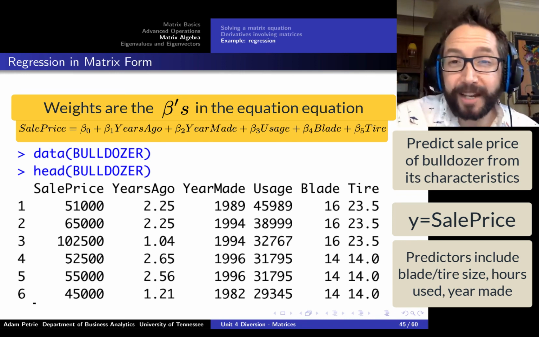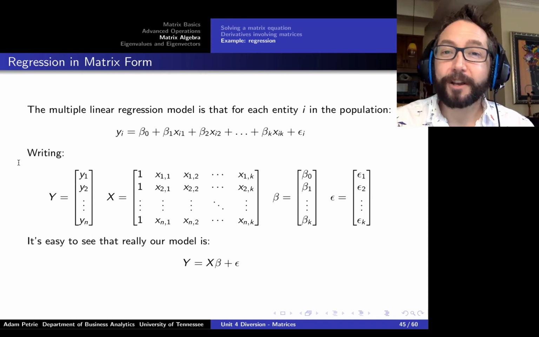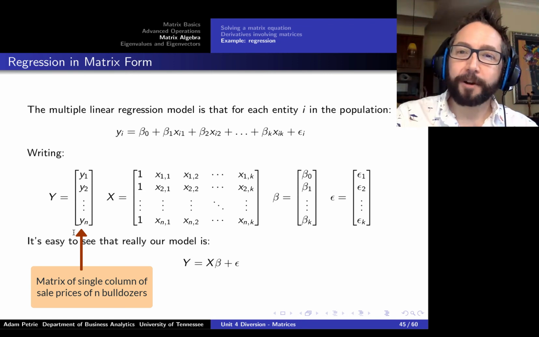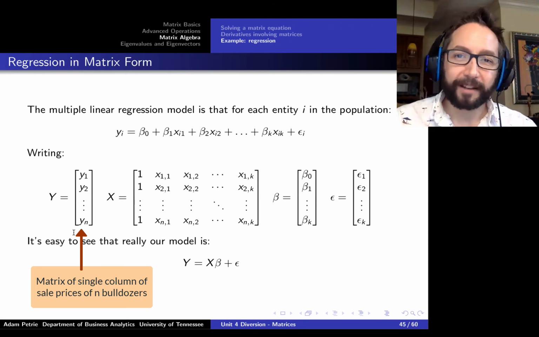So we can represent the least squares regression problem as a matrix problem. We can define the matrix Y to be a matrix with just a single column and n rows, giving the n y values of the n individuals in our data set.